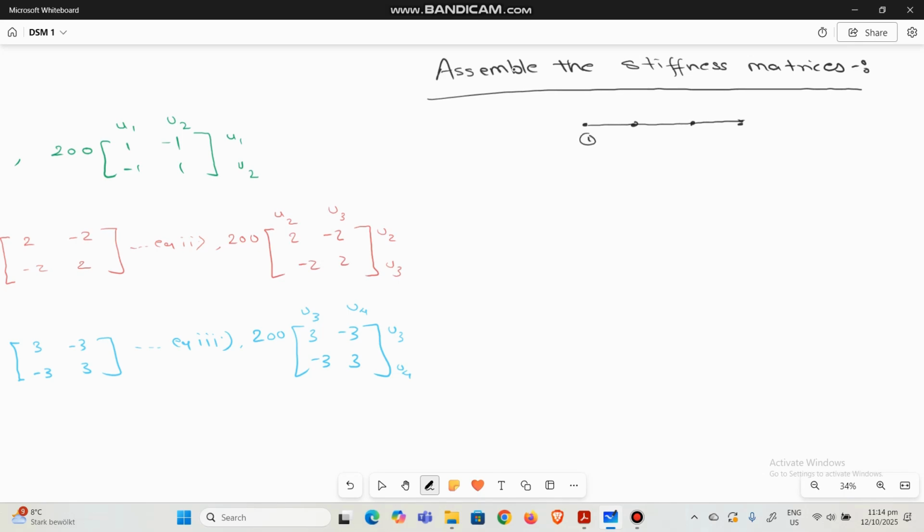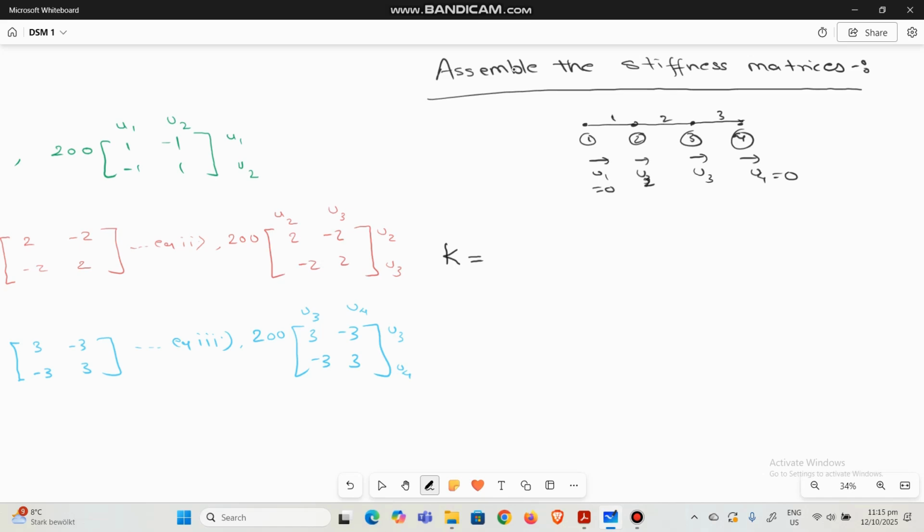This is nodes 1, 2, 3, 4, and this is element number 1, this is element 2, and this is element 3, and this is u1, u2, u3, u4. Here u1 is 0 because it is fixed, and u4 is 0, and we need to find u2 and u3. Now let's make this global stiffness matrix, K.